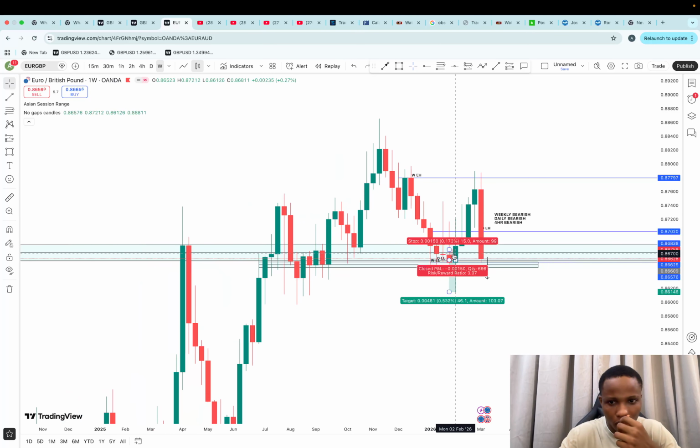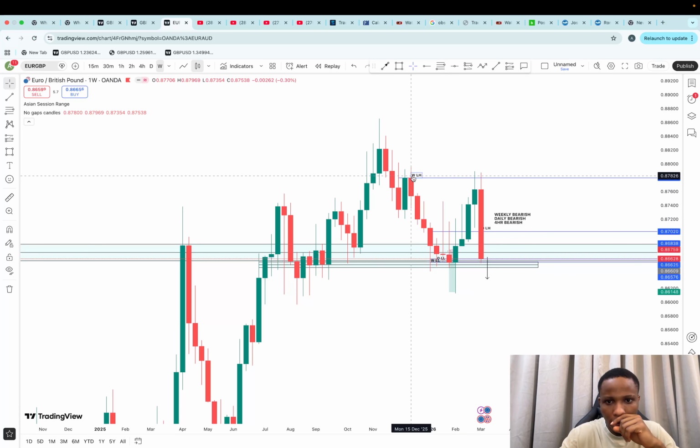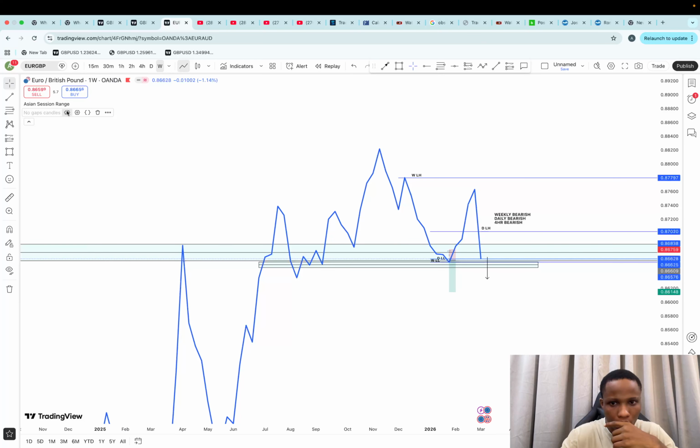So if this is our lower low, this is going to be our lower high. Wherever you have that curve, if this is our lower low, at this turn right here, this is called a structure point. This is not our lower high, this is our lower high.